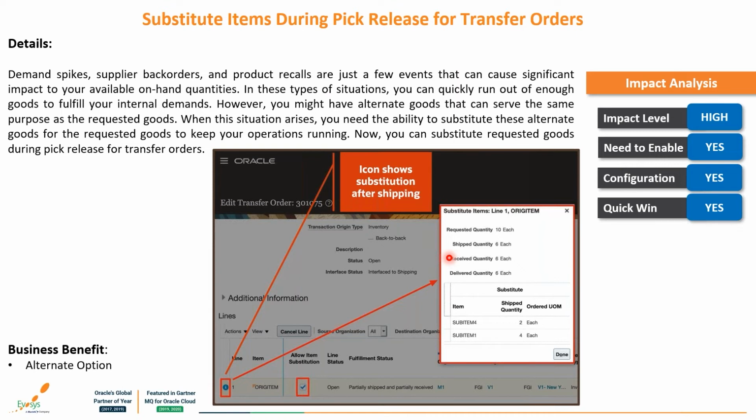There is some setup which is also available on the item level itself, where we have to mention the related items against it, hence it will be considered as a substitute item. You can see that while creating the transfer orders, it gives us an icon to show that there is a substitution after this shipment, and this allow item substitution checkbox is also ticked.